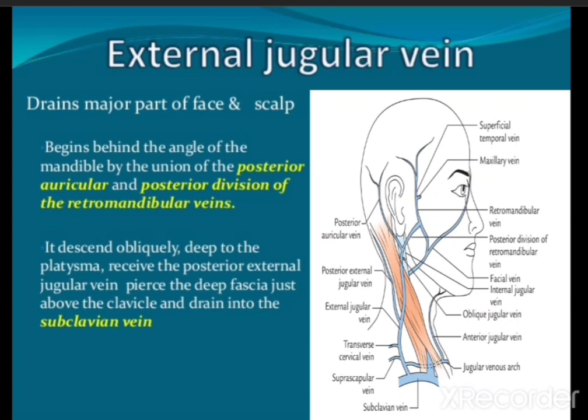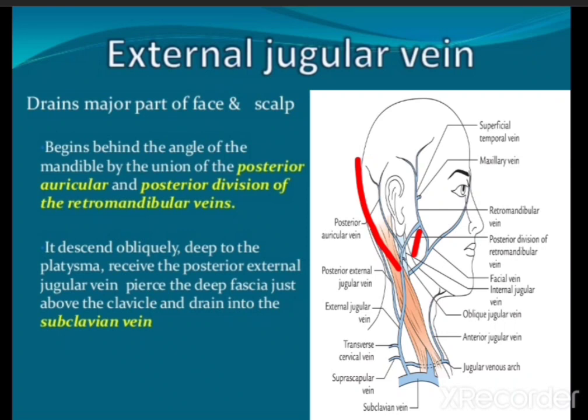Then in the superficial fascia we find the external jugular vein. It drains the most part of the face and the scalp, and begins behind the angle of the mandible by the union of the posterior auricular vein and the posterior division of the retromandibular vein. So these veins are included over here, like this is the posterior auricular vein on the posterior side of the auricle, and this is the posterior division of the retromandibular vein.